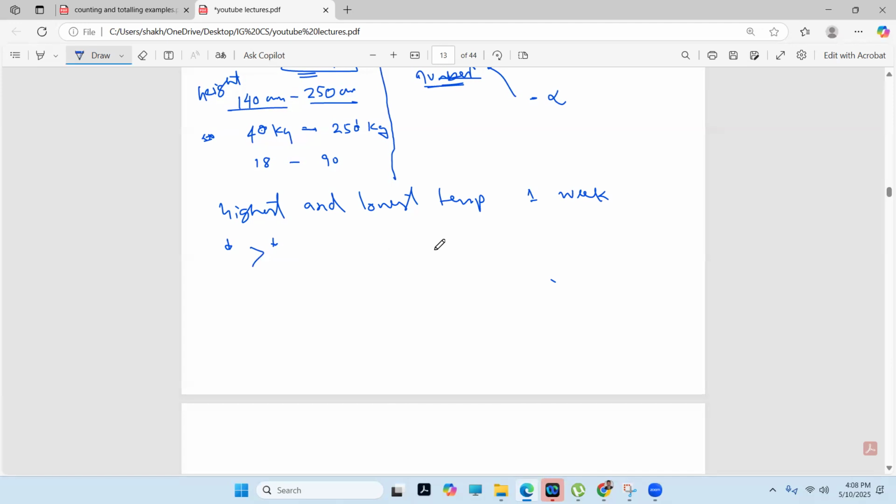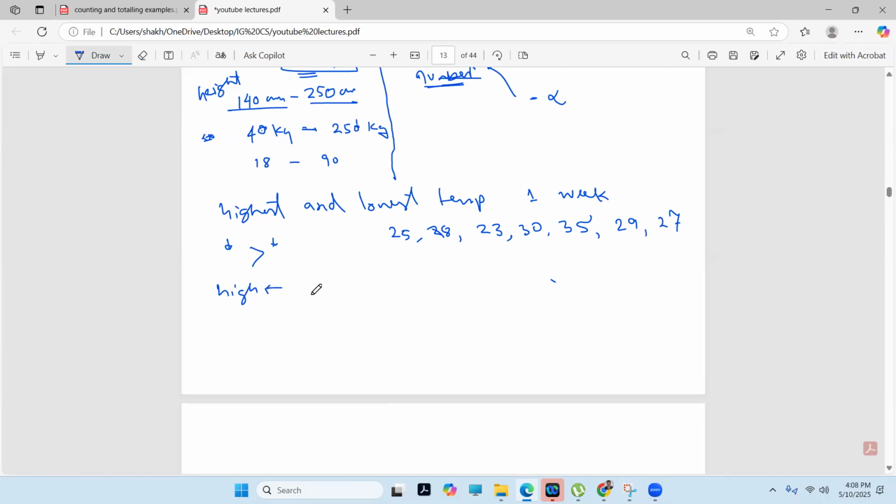For example, the user inputs are 25, 28, 23, 30, 35, 29, and 27. So this is the user temperature. Initially you should have a temperature from your common sense.